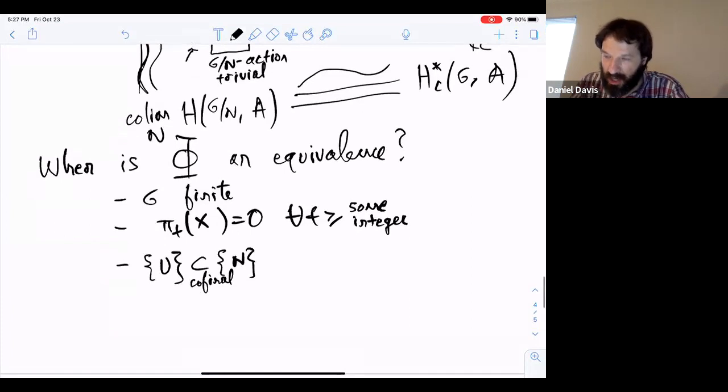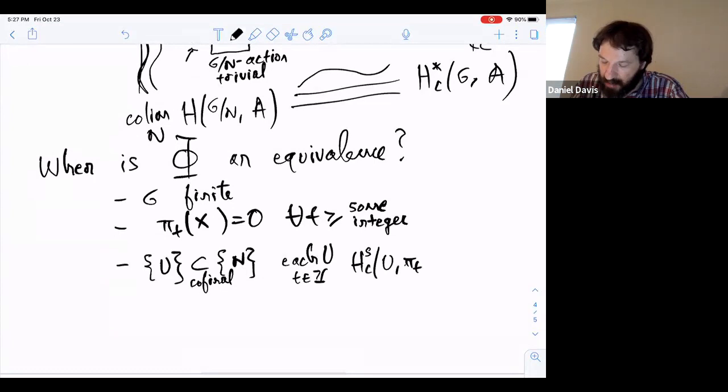And the requirement is that for each U and every t in Z, the continuous cohomology groups H^s of U with coefficients in the stable homotopy groups of X are equal to 0 for all s greater than 0.